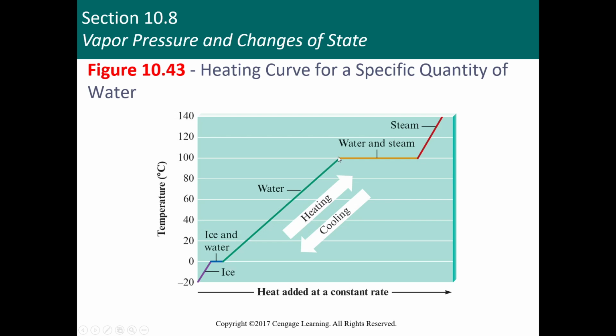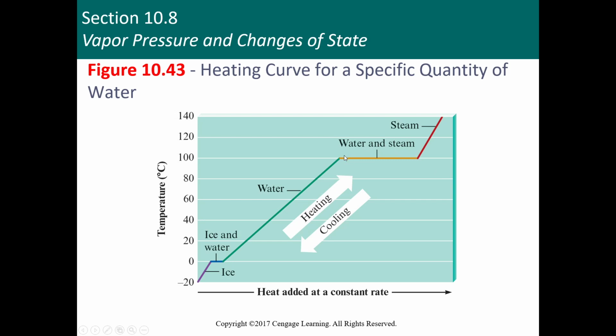Now, once it gets up to here, it's going to start breaking the bonds and releasing those water molecules into the vapor phase. This is 100 degrees Celsius, and this is going to be the conversion of liquid water to steam, which is the vapor form of water, right? And so this right here is the heat of vaporization.